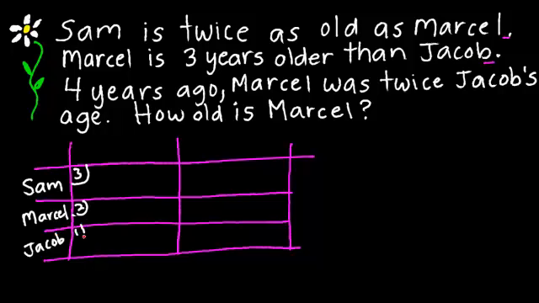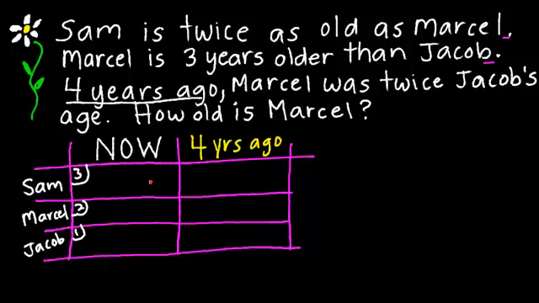I'm putting these numbers in here just so I can keep track of reasonableness when I'm seeing my answers and who's the oldest, who's the youngest. Okay, and then these 2 columns I'm going to use for now, when I put my information in there. And then since they're talking here about 4 years ago, I'm going to use that as my other column. 4 years ago.